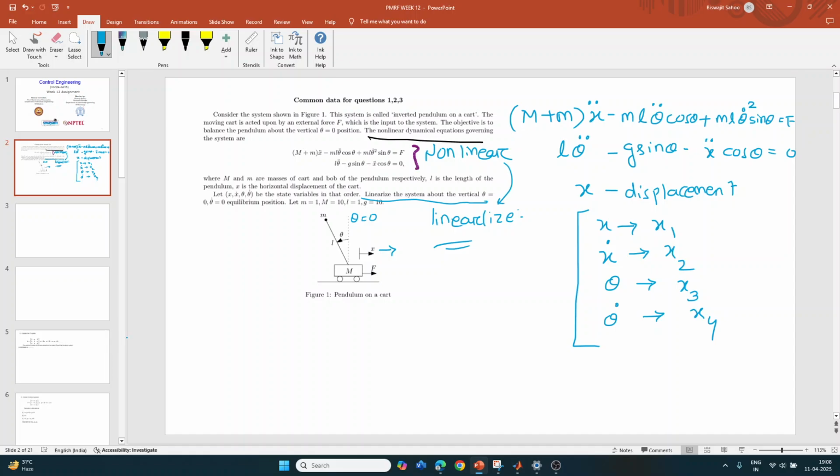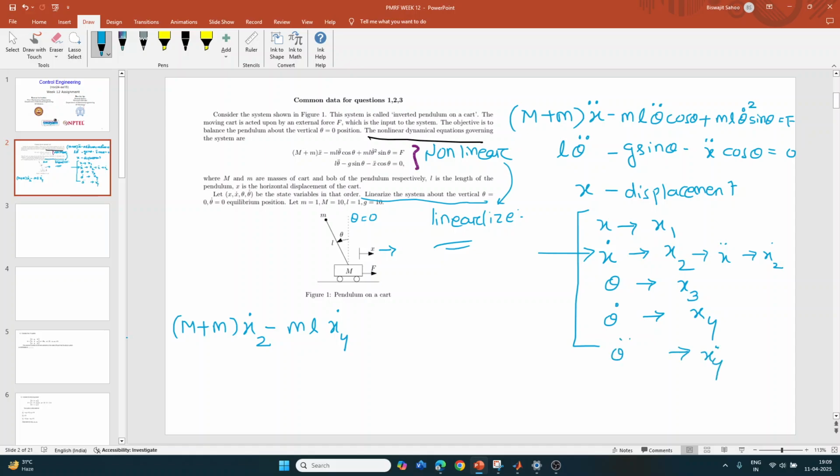So I'm just writing here (M plus m) x2 dot, because x double derivative is nothing but the derivative of x2, taking the derivative on both sides, so that will be x2 dot, minus ml, similarly you can write here x4 dot, because theta double dot is nothing but the derivative of theta dot, that will be x4 dot.